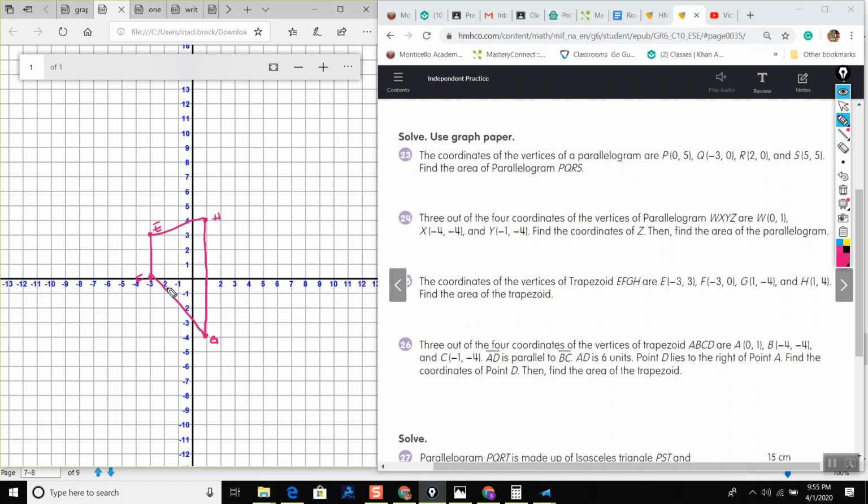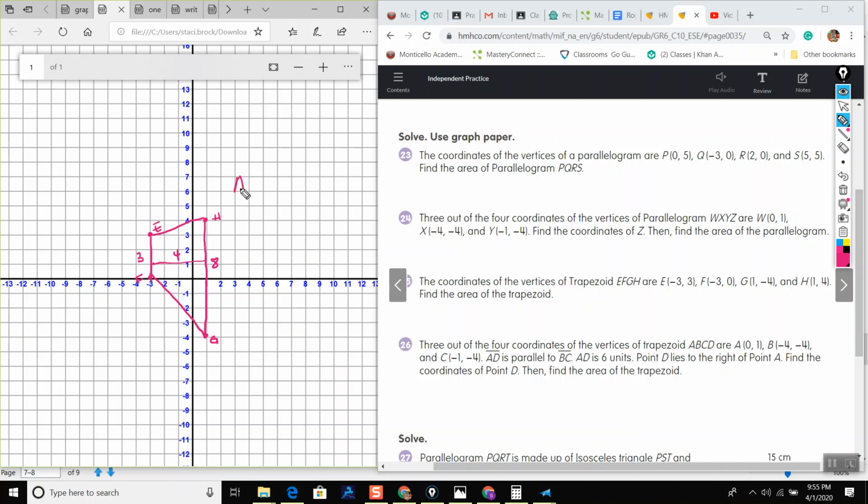Okay, and so I have my base 1 is going to be 3, counting spaces, right? 1, 2, 3. My base 2 is 1, 2, 3, 4, 5, 6, 7, 8. So my base 2 is 8, and my height is 1, 2, 3, 4, right here. That's going to be 4.